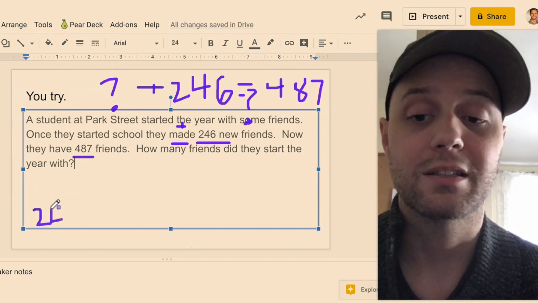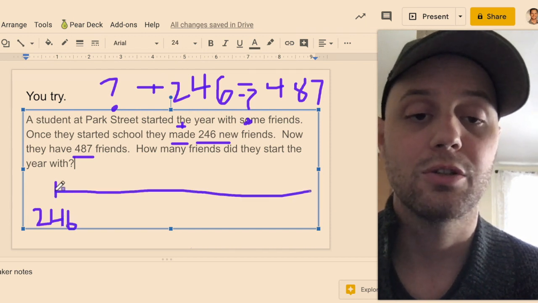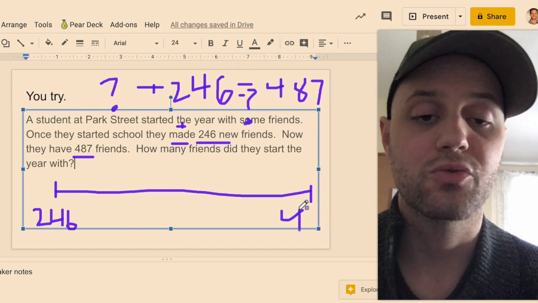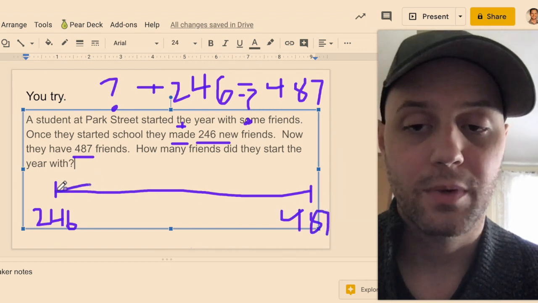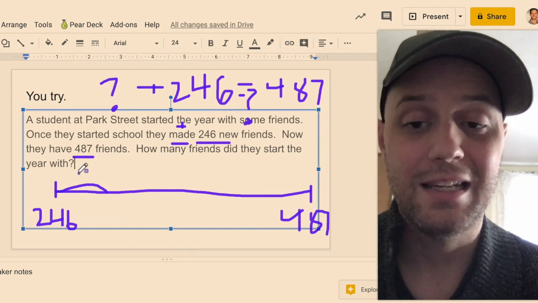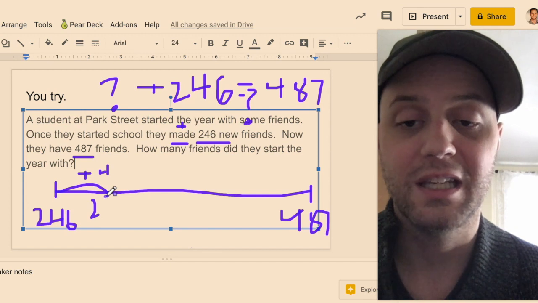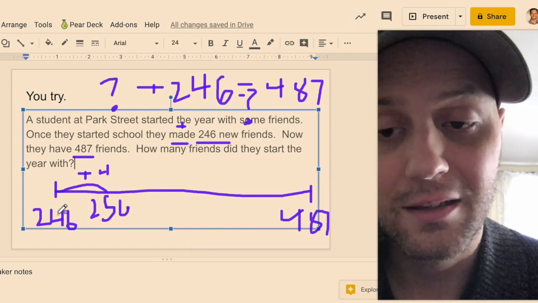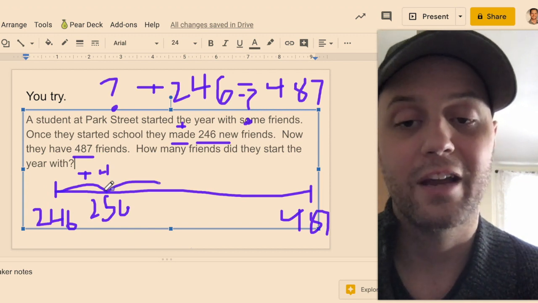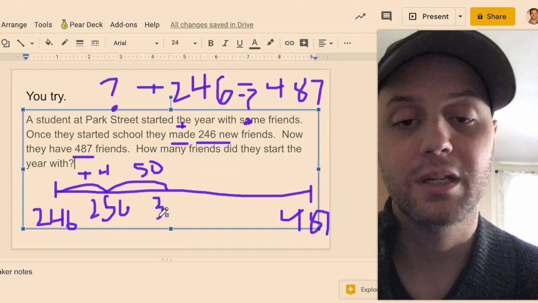I know that I need to add something to 246 to get to 487. First, I'm going to get to a friendly 10. I'm adding 4. Now I'm at 250. 250 is easier to work with than 246. Now I'll add 50 more, and I'll be at 300.